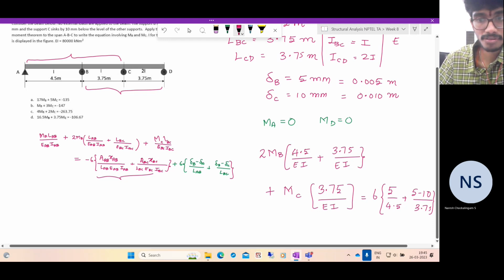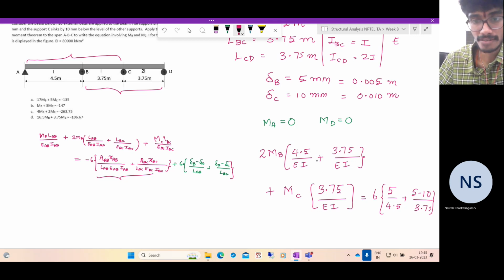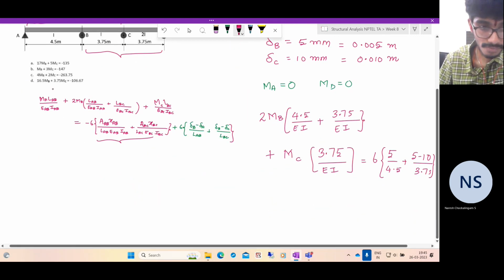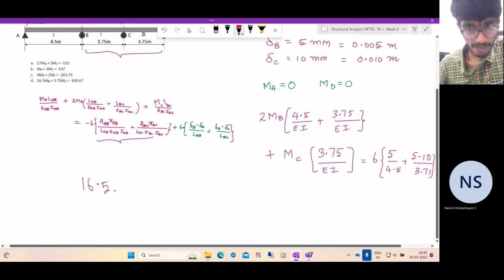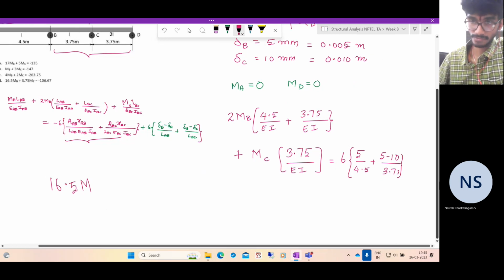And 16.5 and EI you can take to the other side. This one is multiplied by 10 power minus 3, because it is in mm and we have converted it to meters.